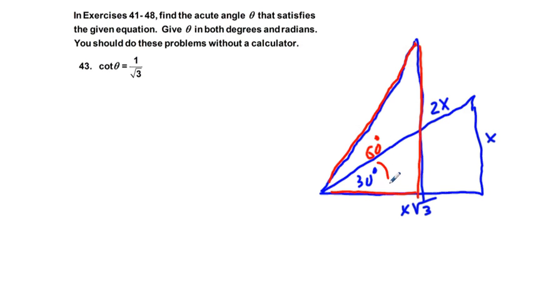And then our sides in red are x, our hypotenuse again, just like the blue triangle, is 2x, and our opposite side is x square root of 3.